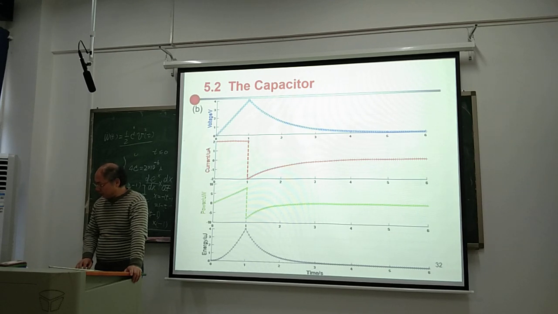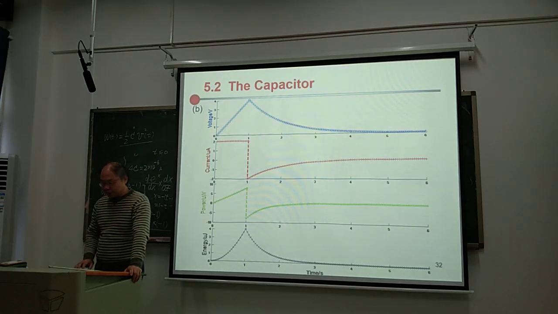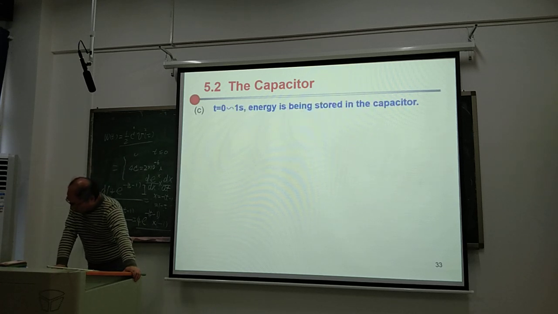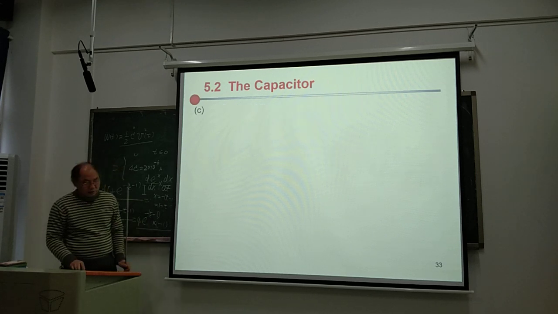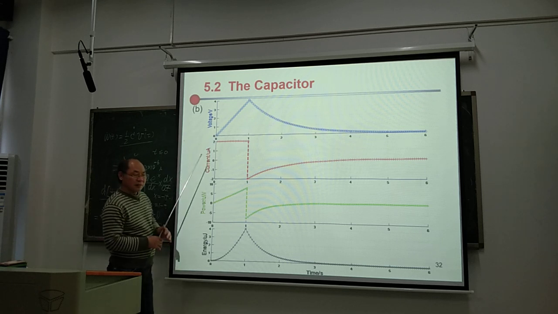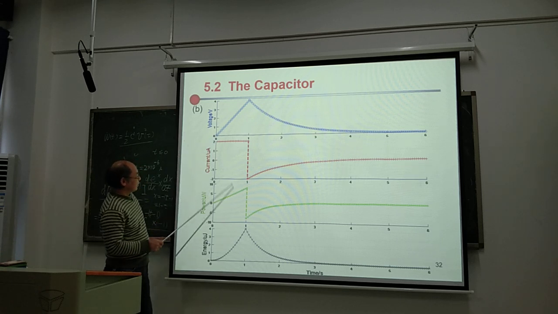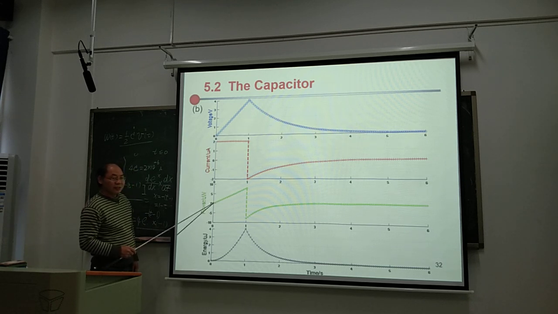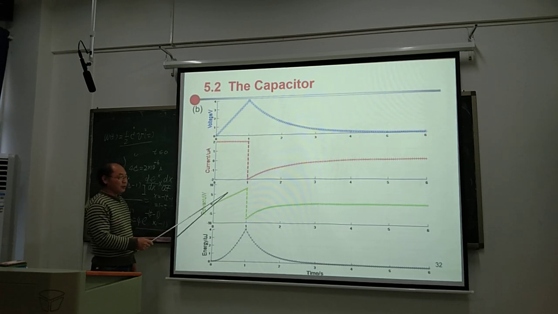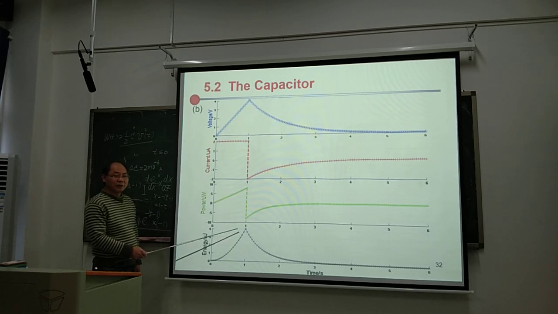Okay, in this example we plotted the four waveforms, and they ask us to specify the interval of time when energy is being stored in the capacitor. So how to tell when it is storing energy? One thing to look at is whether the power is positive or negative.